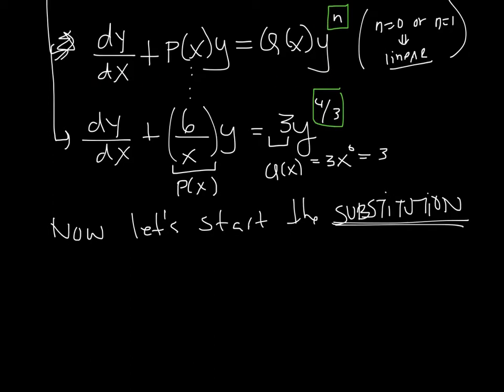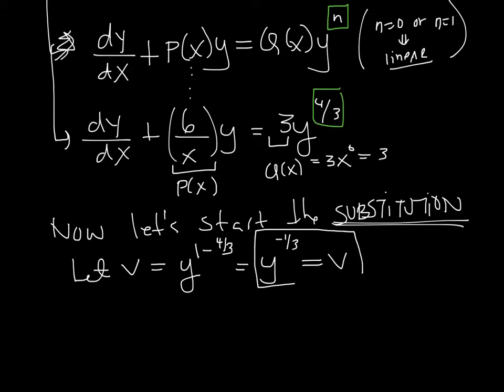I wrote in the other video, I let v be a certain y, and then after that everything's pretty easy. So I'm going to let v, according to Bernoulli, it's always going to be y to the 1 minus n. Well, our n in this case is 4/3. That's just 3/3 minus 4/3, so we get y to the negative 1/3. So that's what our v equals.